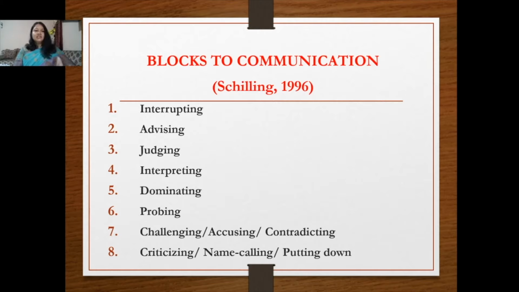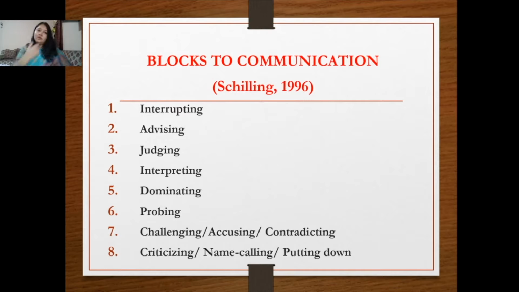Next is challenging, accusing, contradicting whatever the other person is saying, and they may definitely not like it and may not get involved in the conversation as much. And the last is criticizing or putting down or name calling. So when you do that quite often in a relationship, like I said, if it's a pattern that you follow, then that relationship is not going to flower very well, or the person is not going to express themselves very well.